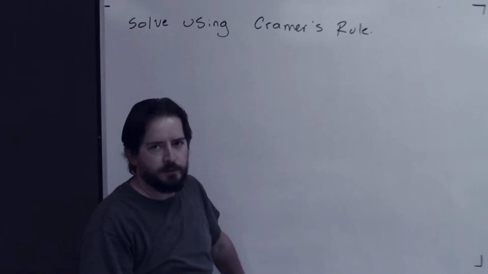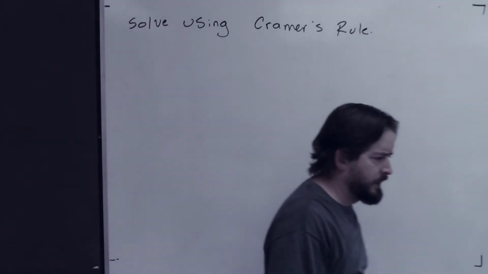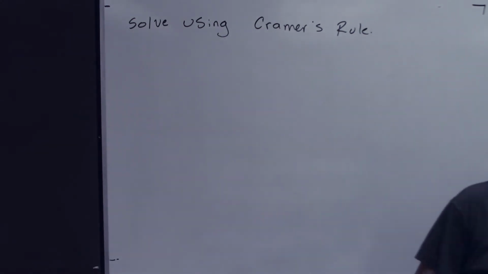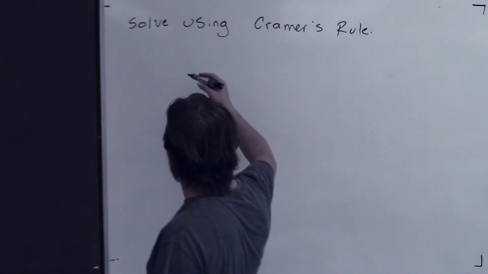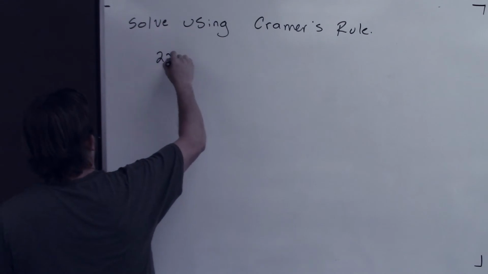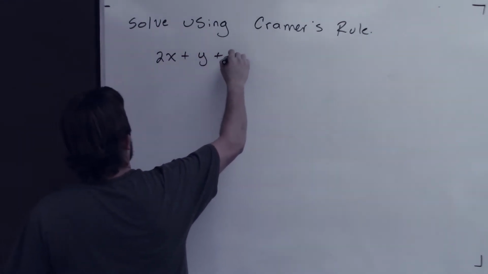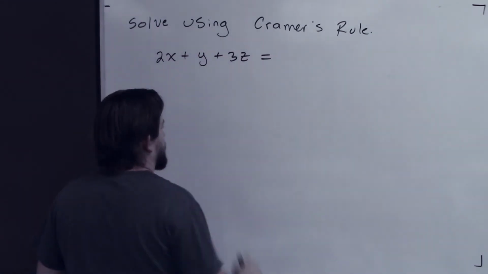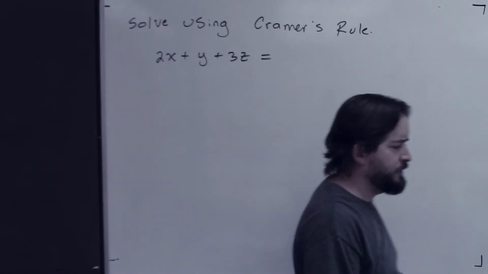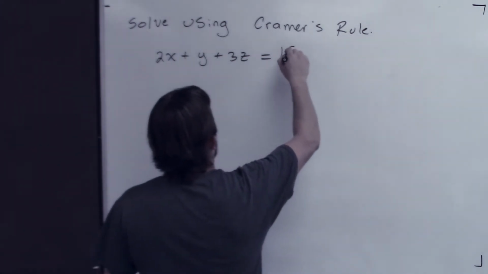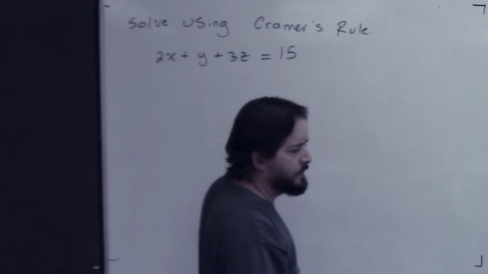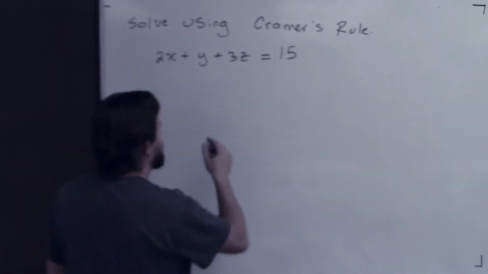But linear algebra. All right, Cramer's rule, I've got 2x plus y plus 3z equals 15, y plus 5z equals 19.